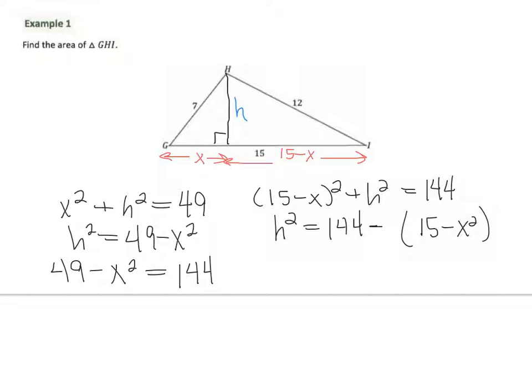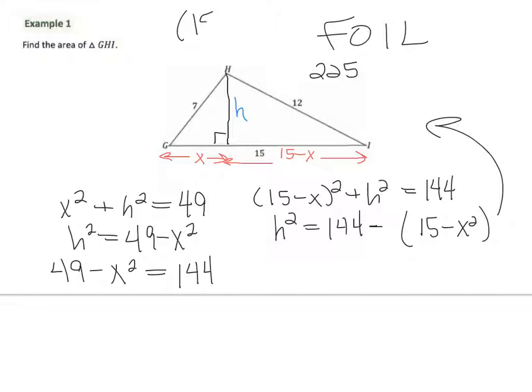And I'm actually going to go ahead and FOIL this. Remember FOIL, first, outer, inner, last. So I have 15 times 15, which is 225. This is what I'm doing: 15 minus x times 15 minus x. Let's erase everything else here because it's all getting in the way.